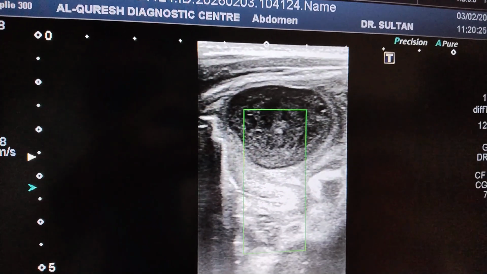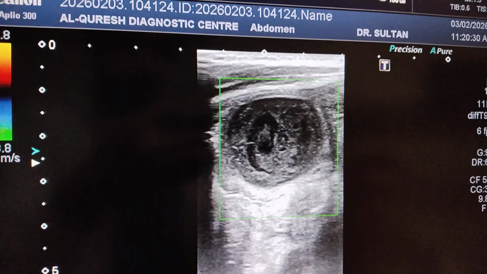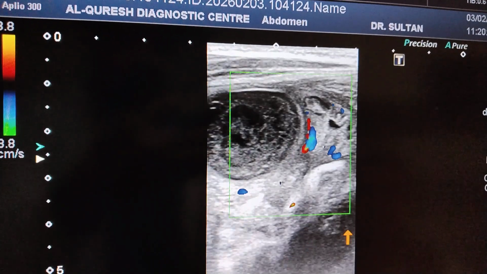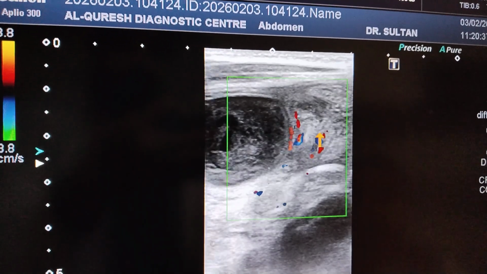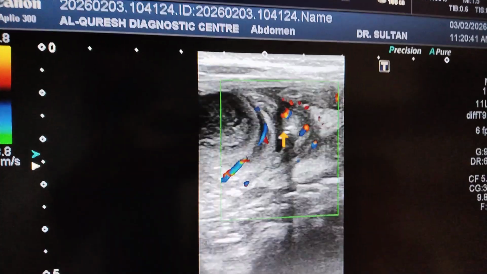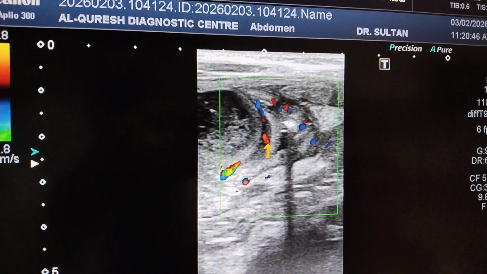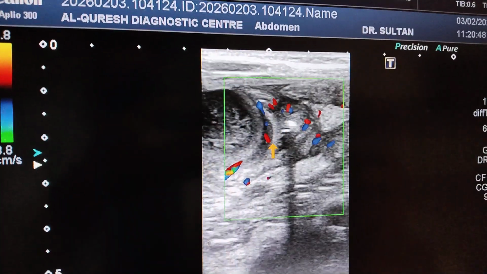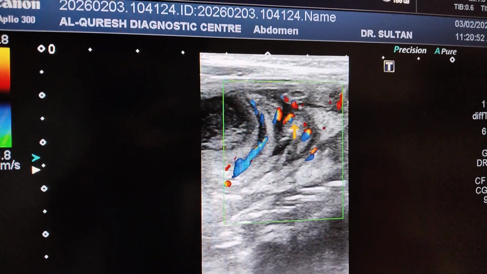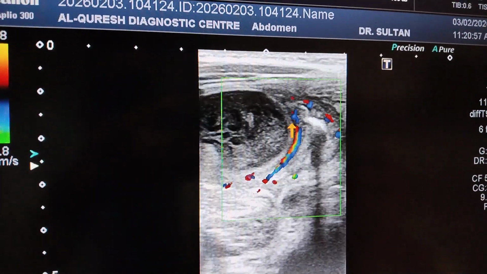Now I am going to use the color. Look at here. This is the edematous loop of distal ileum, and look at the blood supply. This is hyperemic blood flow. Otherwise, in a normal gut, we don't see such kind of hyperemic blood flow. So the inflammatory process is present surrounding the appendix.